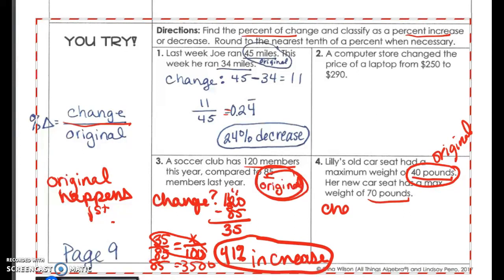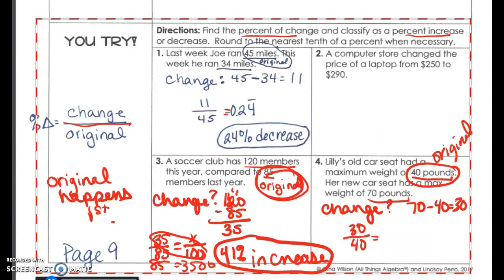We need to ask ourselves, how much did the weight change? It's 70 minus 40 because you want to know the difference between the two options. So our change is 30 pounds. Change over original, and we decided that was 40.